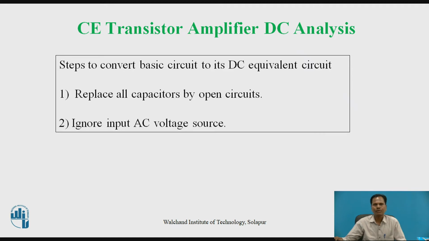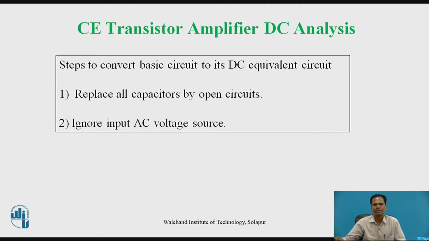To perform DC analysis, we need a DC equivalent circuit. There are two steps to convert the basic circuit of the amplifier to its DC equivalent circuit. First, replace all capacitors by open circuit, because a capacitor behaves like an open circuit for a DC signal and a short circuit for an AC signal.